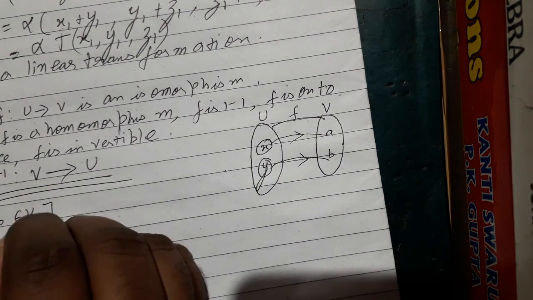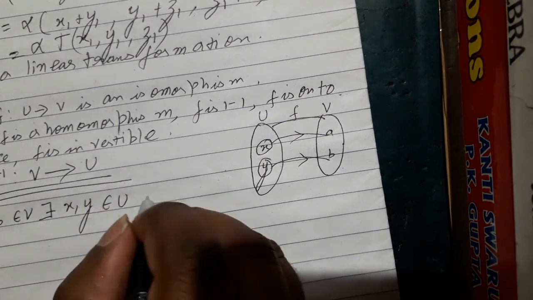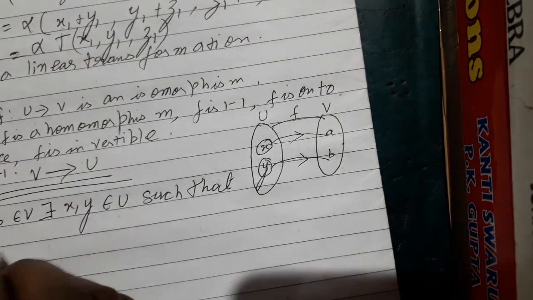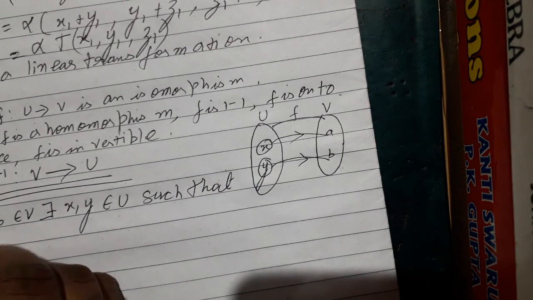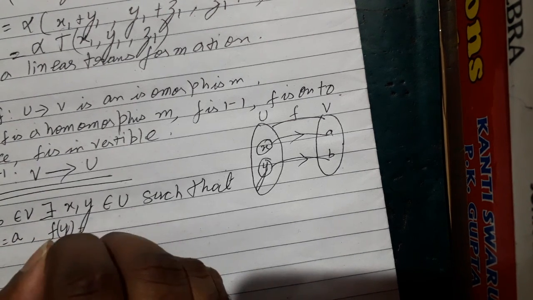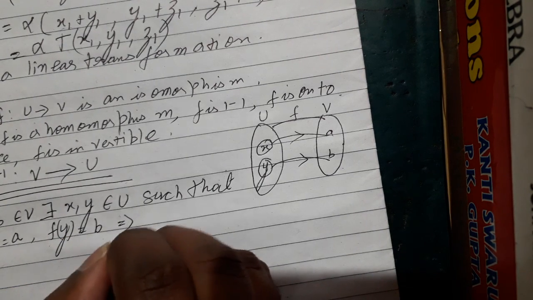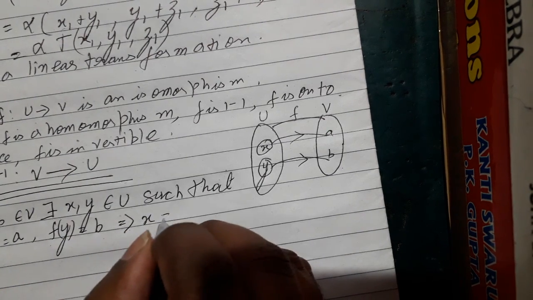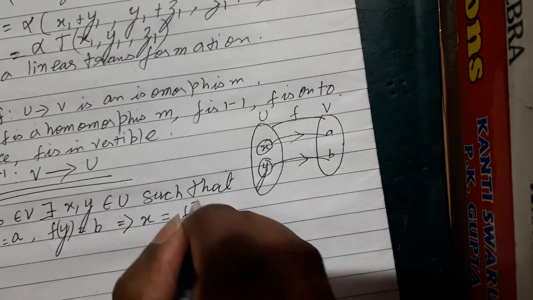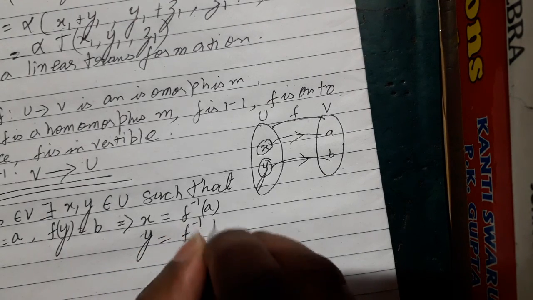So there exist x, y belonging to U such that f of x is a, f of y is b. This implies x is f inverse of a, and y is f inverse of b.